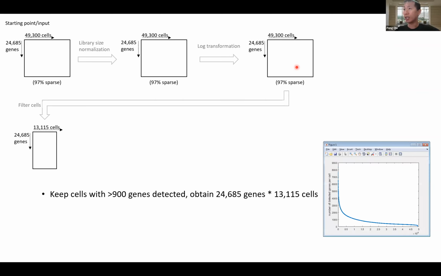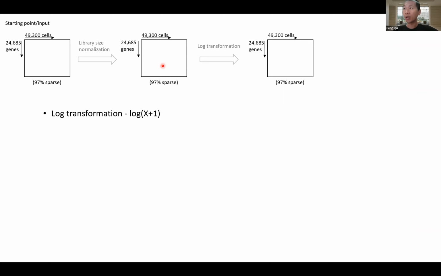Okay, but this normalization and also this log x+1 transformation do not change the sparsity of the data. So at this point, the dimension of the processed data is the same as the original, and the percentage of sparsity in the data is still the same.